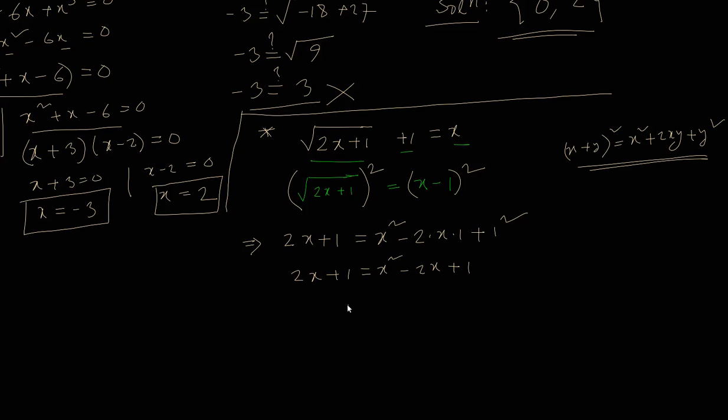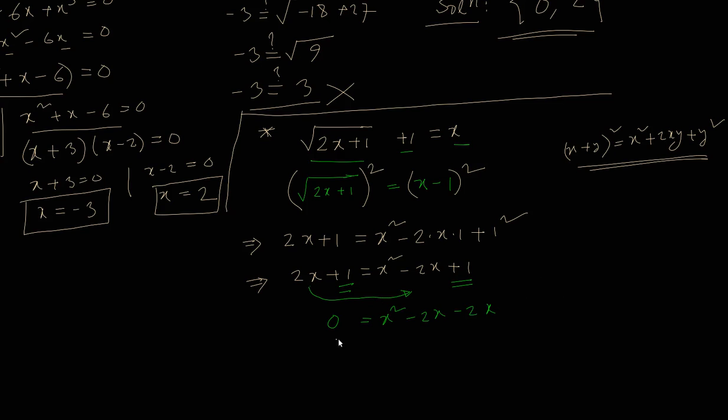As you can see, this plus 1 and this plus 1 are going to cancel from each side. If I take 2x to this side, what I have is 0 on this side, and x square minus 2x, and this 2x on this side is going to be minus 2x.